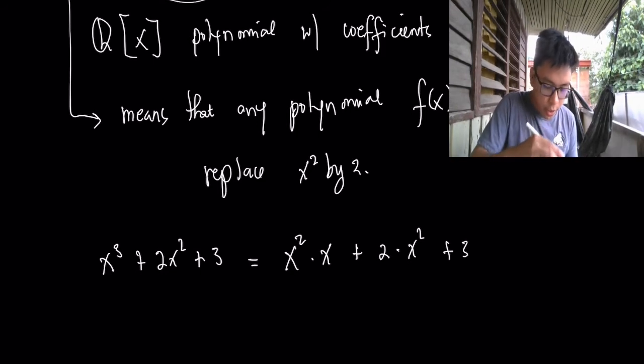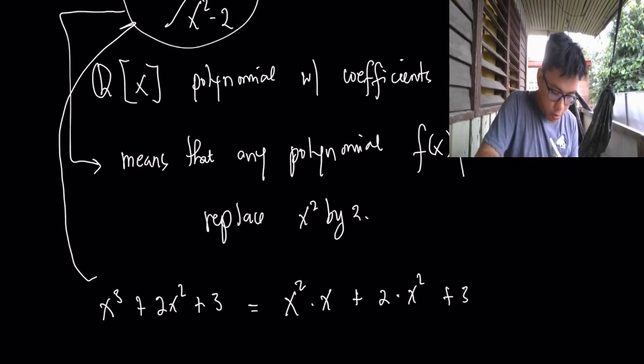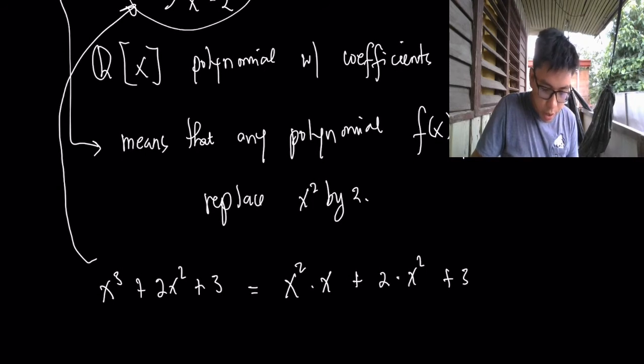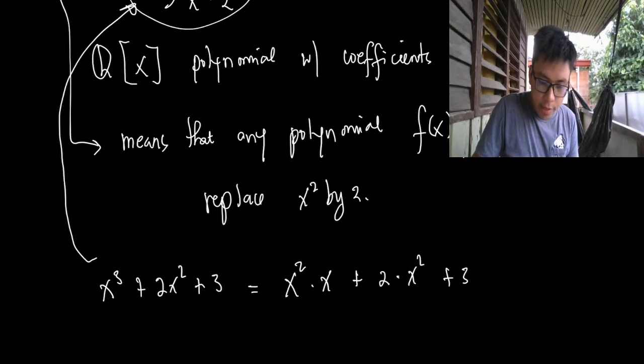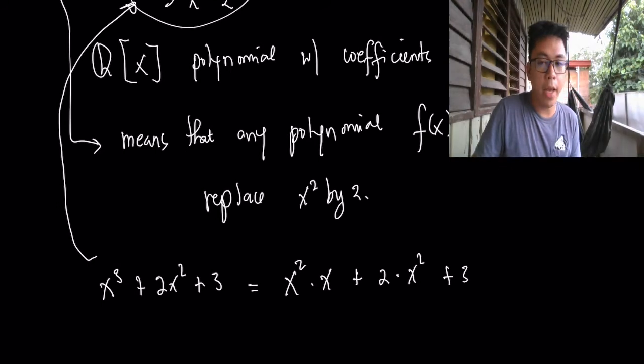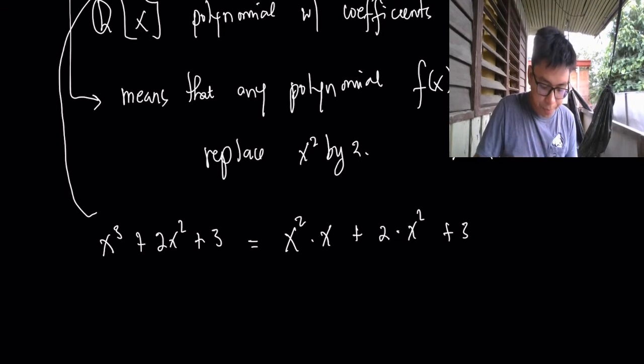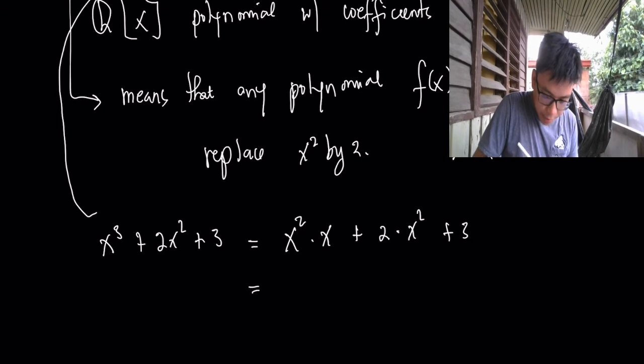Now since we work under this, and square root of 2 is a root of the polynomial x squared minus 2, we can have x squared equals 2, right? So basically I can replace x squared by 2, so that I get 2x plus 4 plus 3, and so I get 2x plus 7.